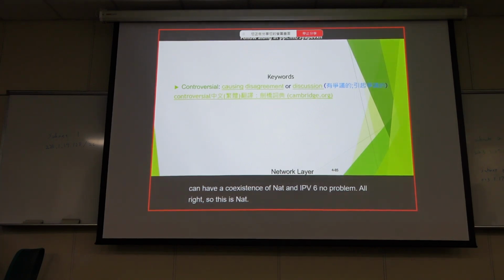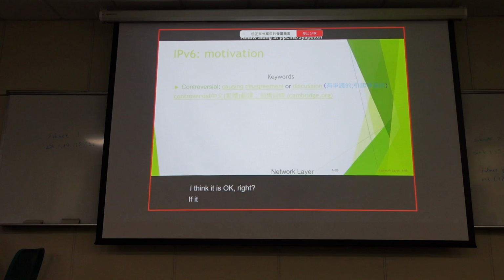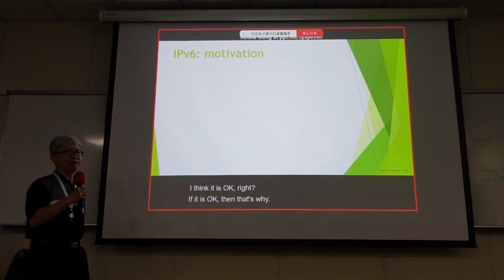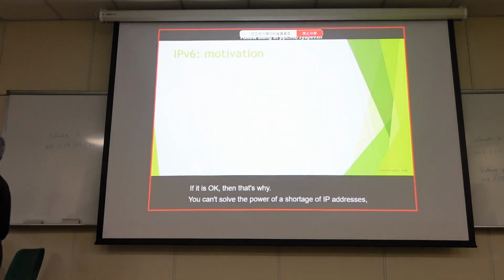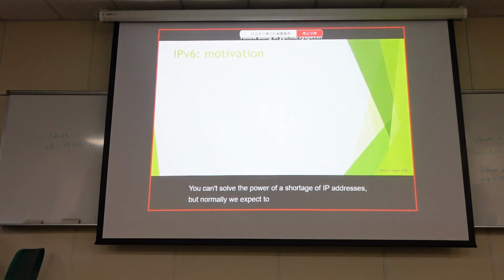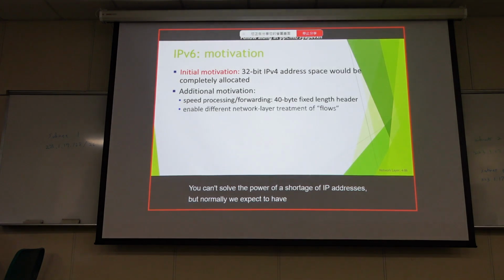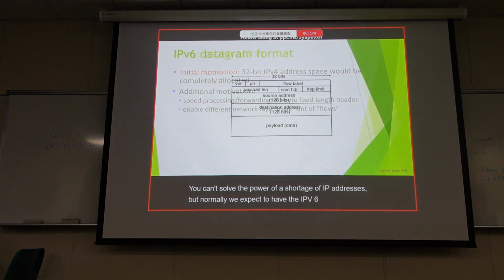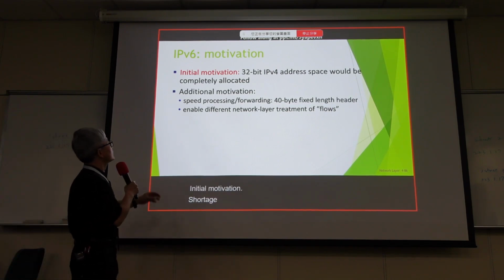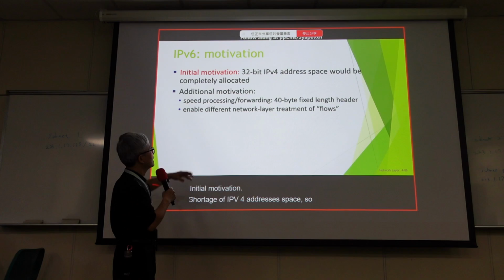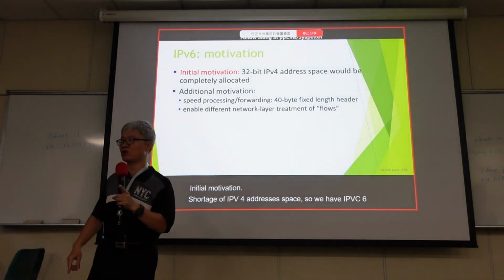Well, I think it is okay, right? If it is okay, then that's right. NAT can solve the problem of shortage of IP addresses, but normally we expect to have IPv6. The initial motivation was the shortage of IPv4 address space. So we have IPv6, and the address length is 128 bits.